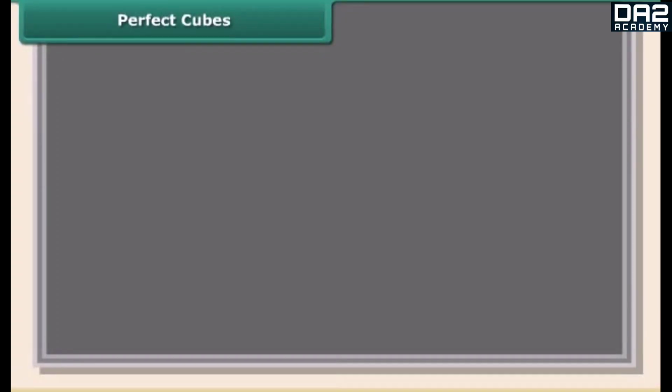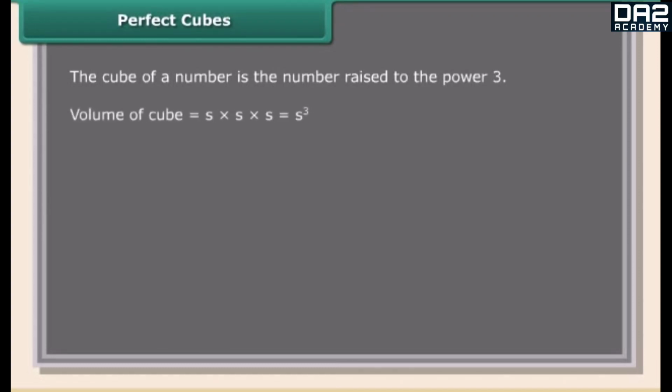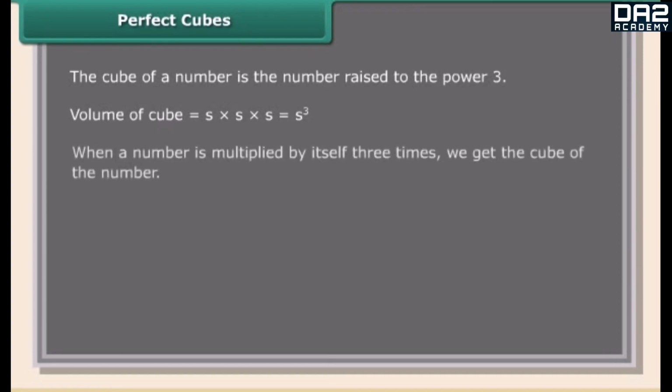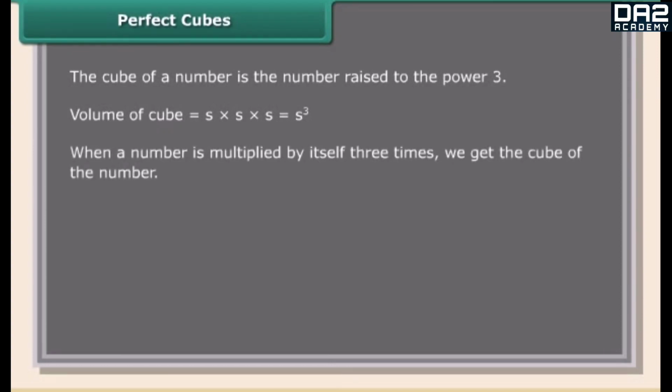Perfect cubes. The cube of a number is the number raised to the power 3. Volume of a cube is equal to S into S into S, which is equal to S cube. When a number is multiplied by itself 3 times, we get the cube of the number. The cube of 2 is 2 cube, which is 2 into 2 into 2, which equals 8.